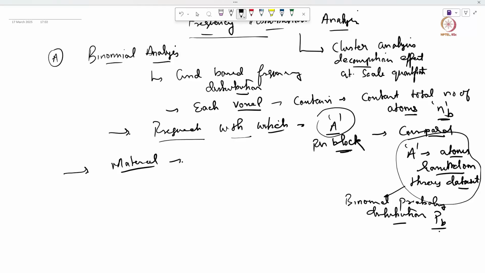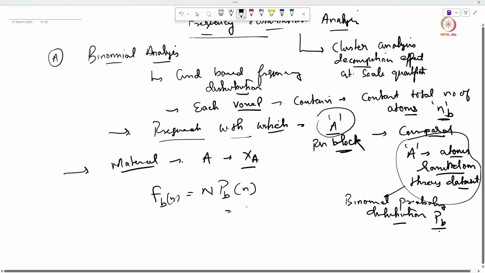with the proportion of A being XA, correct, then the corresponding binomial distribution can be given by FB(N), which equals N times PB(N), which equals N_B factorial over N_A factorial, times XA to the power N, times (1 minus XA) to the power (N_B minus N_A).